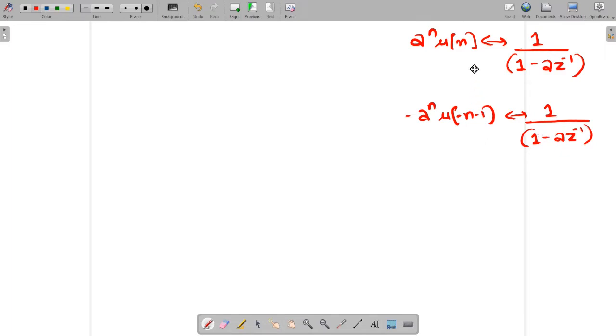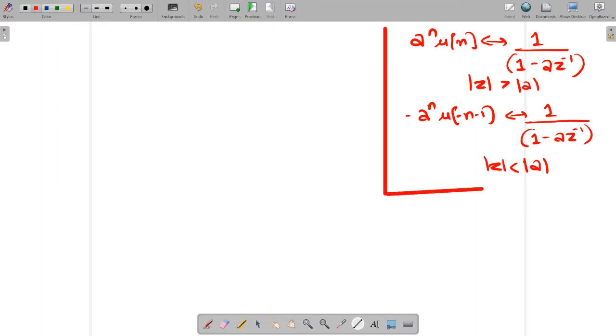Alright. Here the ROC is mod Z is more than mod a. Here the ROC is mod Z is less than mod a. Alright. So, we will apply these standard signals over here to find the value of the Z transform.